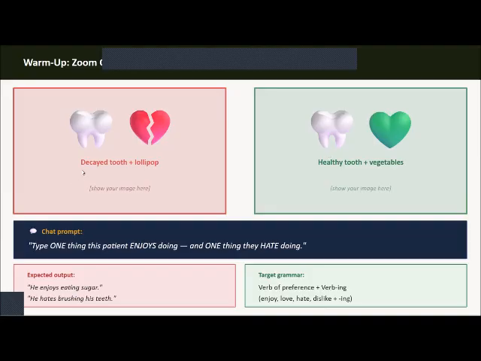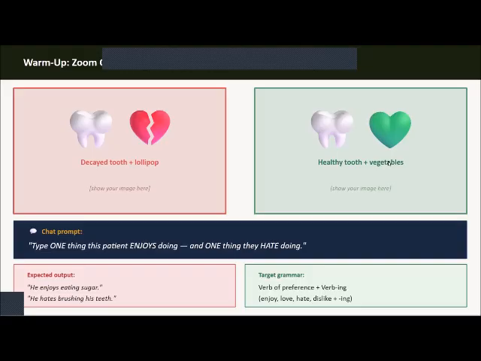For bad dental health, we have the example of a decayed tooth because we have too many lollipops. A lollipop is a type of candy that's usually on a stick that we consume by dissolving little by little in the mouth. And of course, a good habit we can have to make sure our teeth, gums, and general oral health are taken care of is eating vegetables.